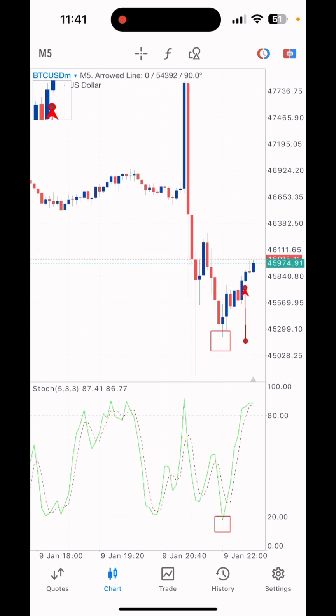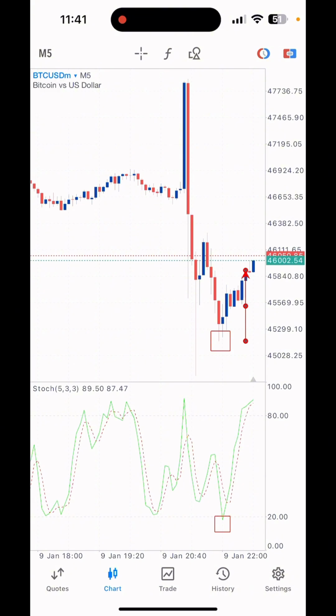It has given us nothing less than, is this 17 pips or so? Let's forget about the pips, but this is it. Immediately price touched 20, it started buying.